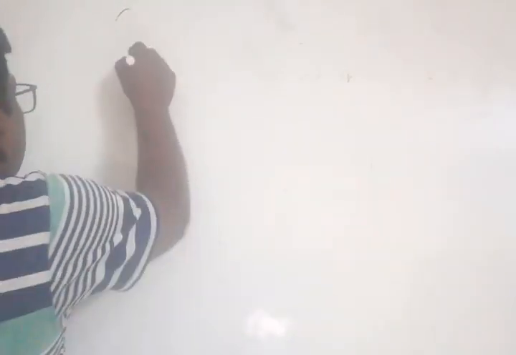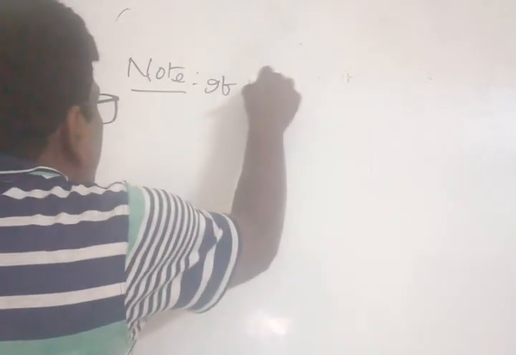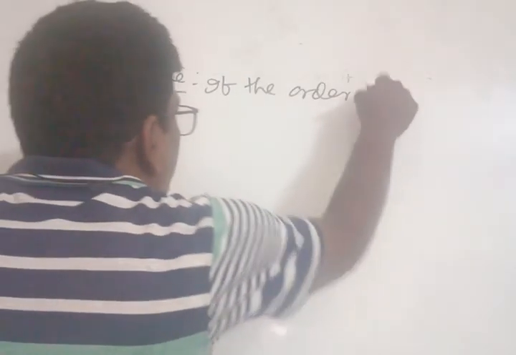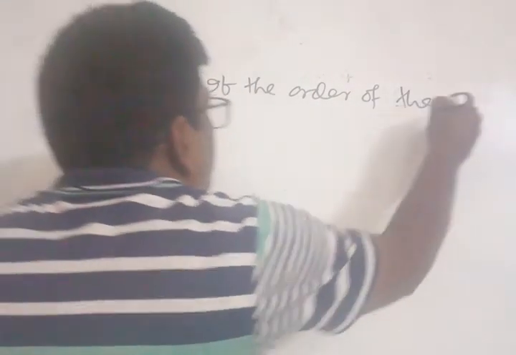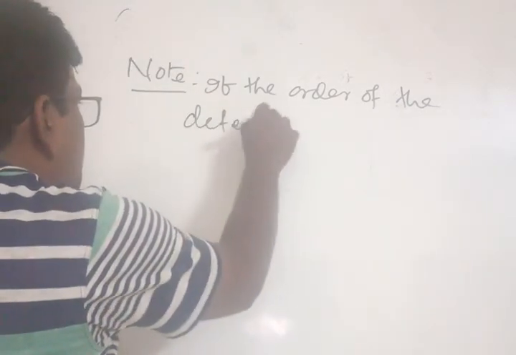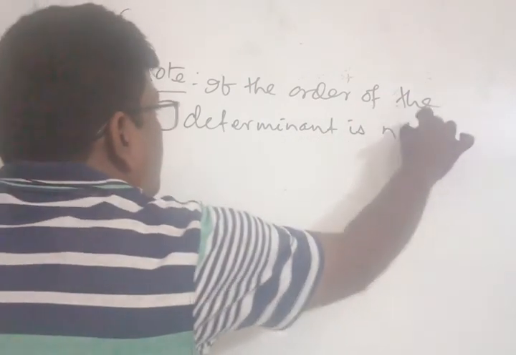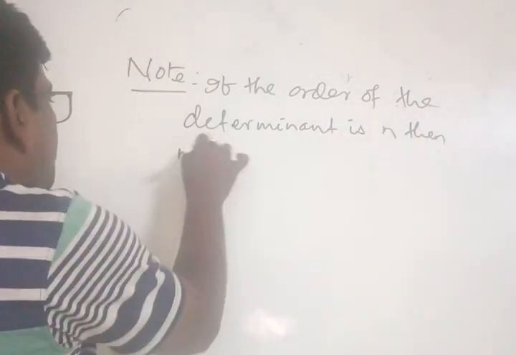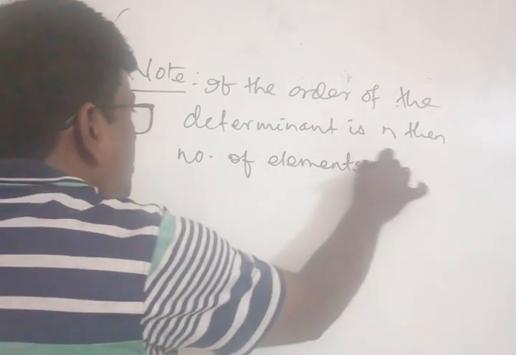Notes: if the order of the determinant is n, then the number of elements is equal to n square.